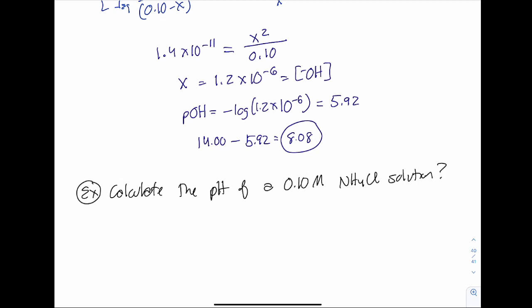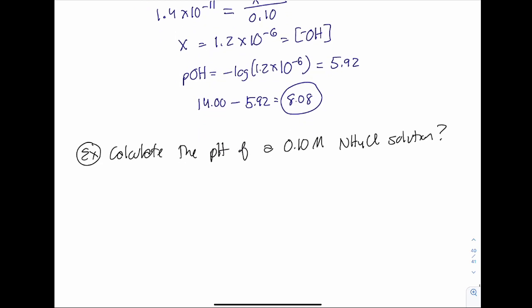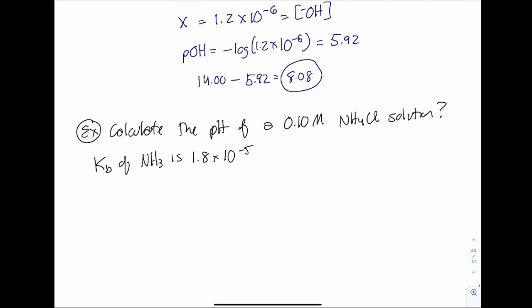If I'm going to send you on your own, I need to give you an equilibrium constant right away. So the Kb of ammonia is 1.8 times 10 to the negative fifth. Okay, so please hit pause, try to solve this on your own, and then when you're ready, hit play again and we'll go through it.